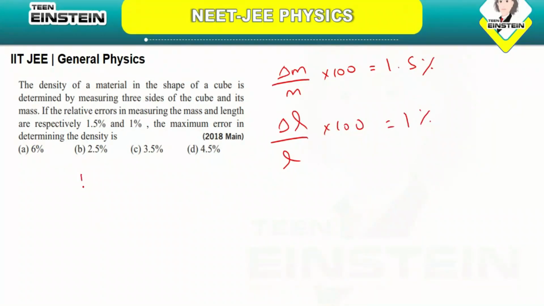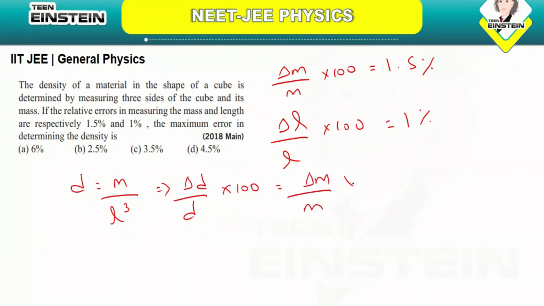Density D is mass by volume, so mass by L cube. So del D by D into 100 is equal to del M by M into 100 plus 3 del L by L into 100.